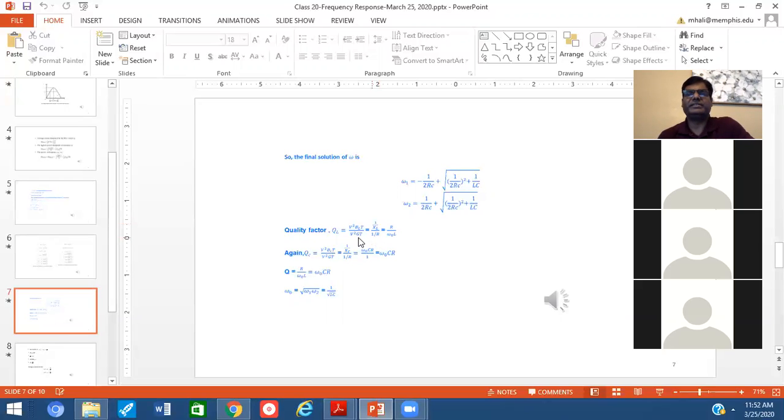Similarly in the denominator, G becomes 1 over R; G is the conductance and R is the resistance, and conductance is the reciprocal of resistance. You know that in the numerator XL is omega L, so finally we get R over omega naught L. We put omega naught to show the resonance case.